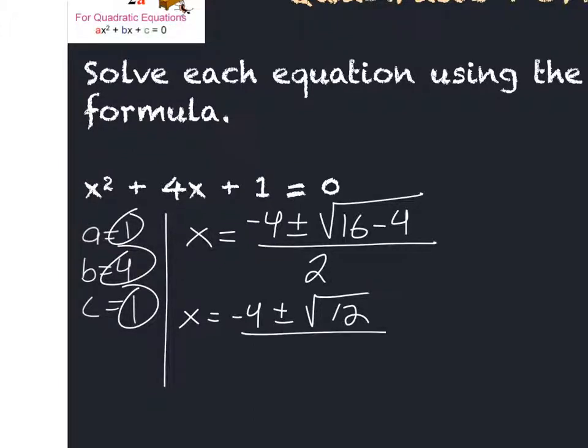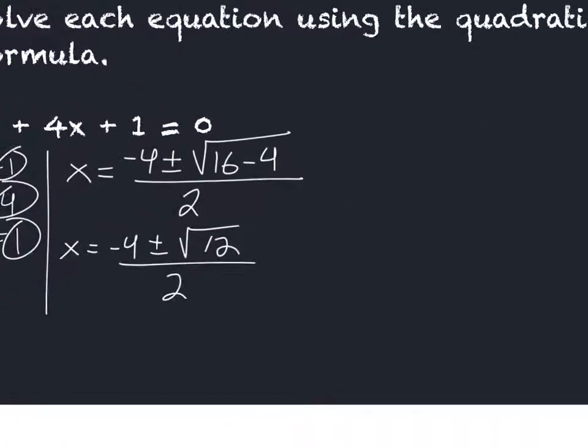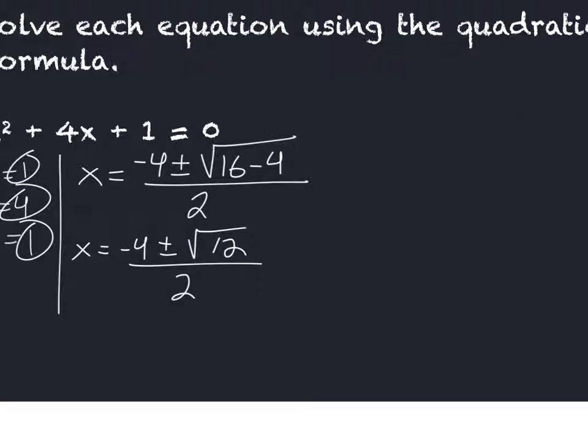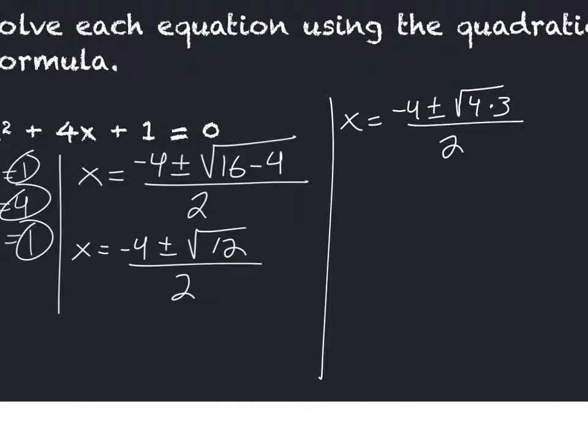All right, now we go ahead and simplify this radical a bit. We can change the square root of 12 to, and I'll do this on this side, we could change this to x equals -4 plus or minus, and then using the product rule, we could change this to the square root of 4 times 3 divided by 2, and again, using the product rule of square roots and radicals, we would be able to change that to x equals -4 plus or minus the square root of 4 times the square root of 3 over 2.